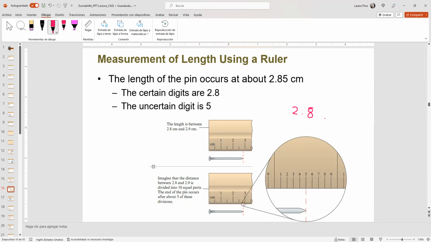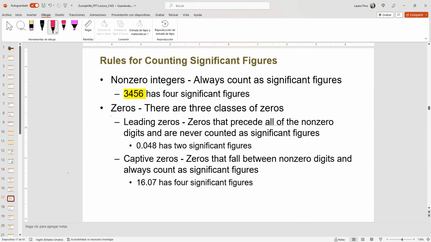Then you estimate and you say, well, the last digit, the one that I will estimate, is 5. It depends on the person that is doing the estimation. Someone will say 5, someone will say 4, someone will say 3. But we are sure that it is 2.8 centimeters. This is what you are certain. But 5 is always estimated. Remember that we always estimate the last digit.